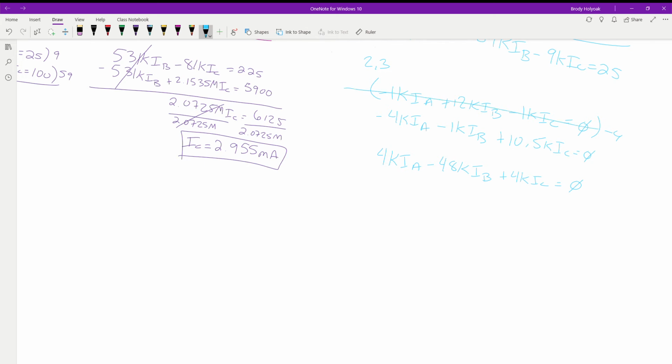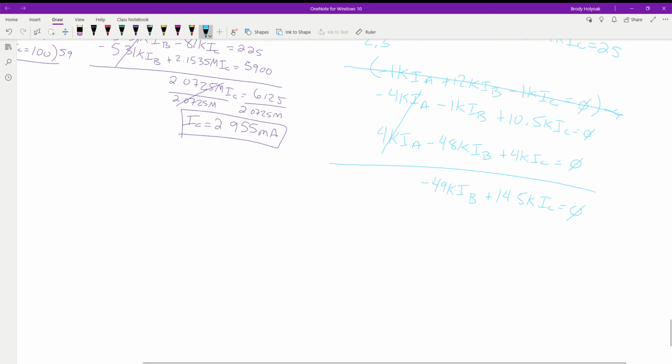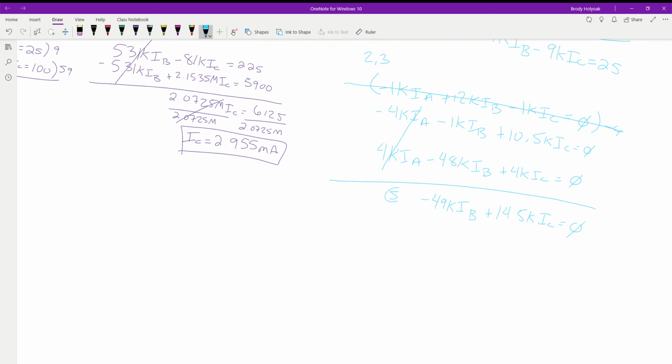So this equation's now been changed. We combine them together, IAs fall off. We end up with a negative 49K IB plus 14.5K IC equals 0. Okay. Gotcha. Are we still good, Morgan? Yeah. Okay. So this is going to give us equation 5.